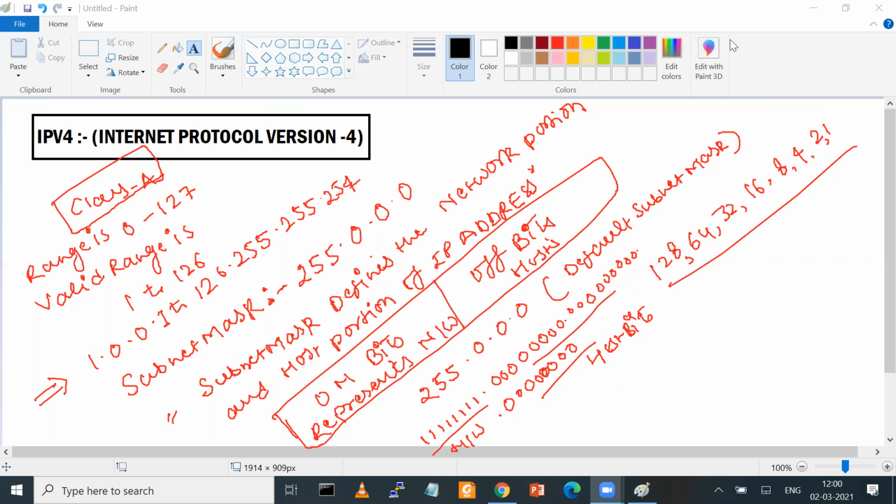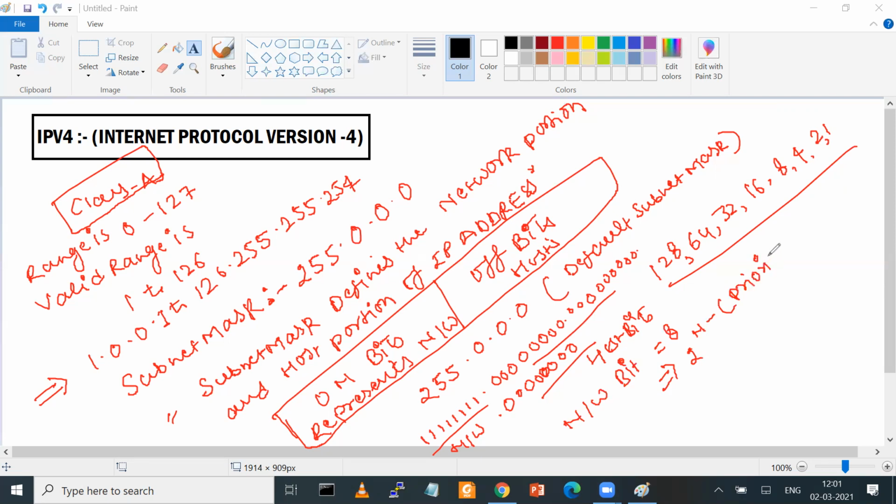If you look carefully, in case of class A we have network bits, which is 8. It means we can use network bits to calculate the network. The formula to calculate networks is 2 raised to the power n minus priority bits.